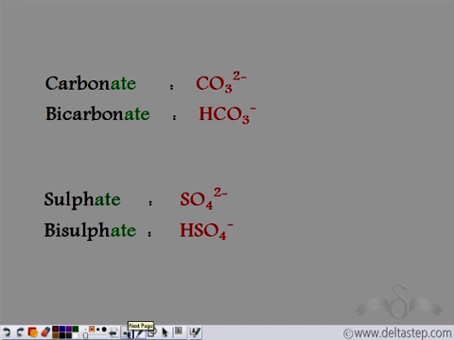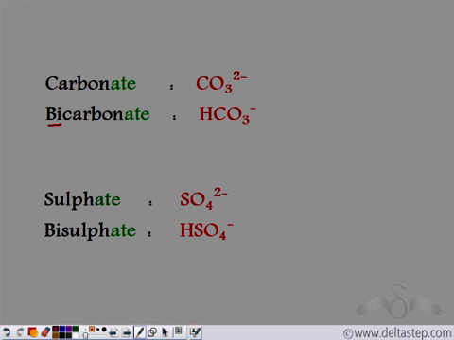Let's look at some other radicals. We have the carbonate radical, which is CO3 2-, and the bicarbonate radical, which is HCO3-. Now, whenever you see a "bi" added before the name of a radical, that always shows the presence of a hydrogen atom before the radical.